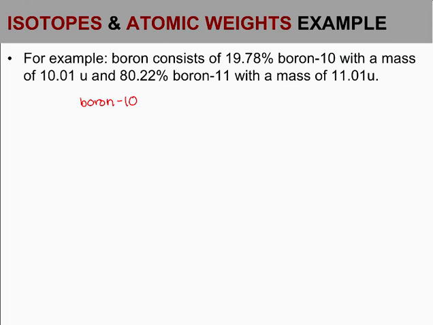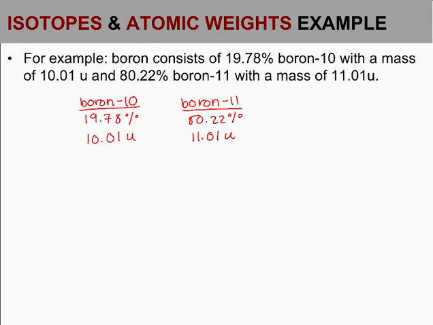So boron 10 has a relative abundance of 19.78%, and its mass is 10.01 U. And then boron 11 has a relative abundance of 80.22%, and its mass is 11.01 U.